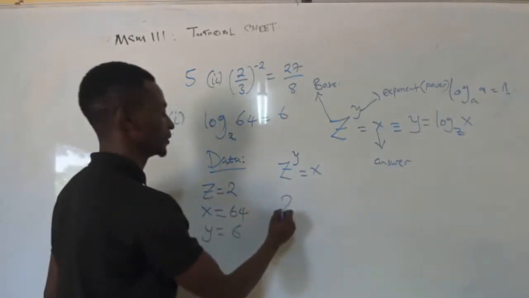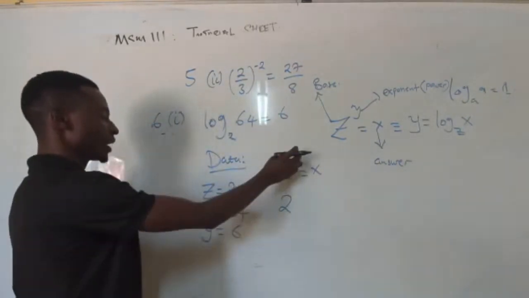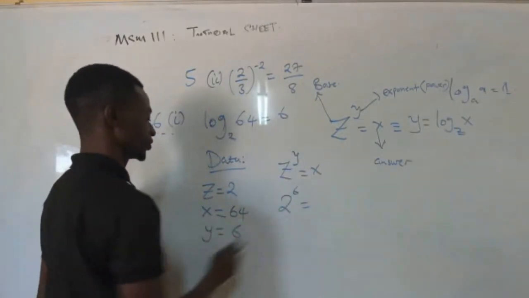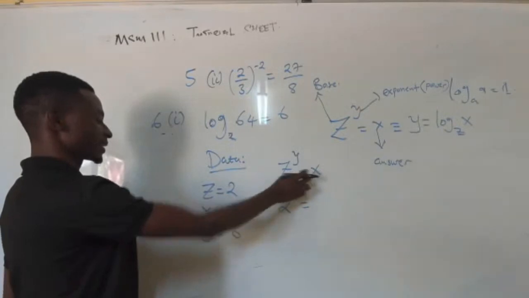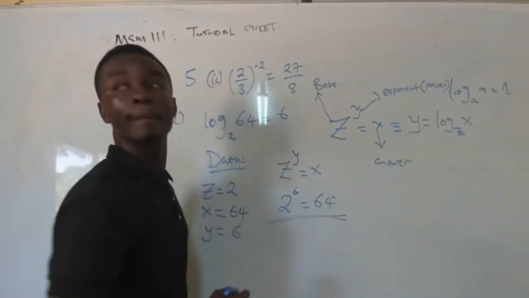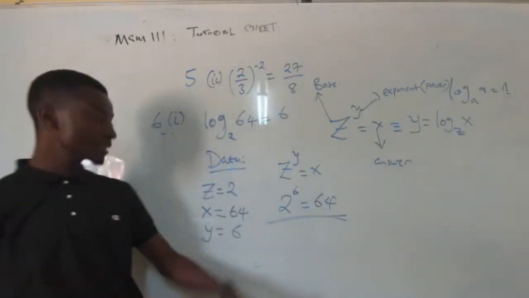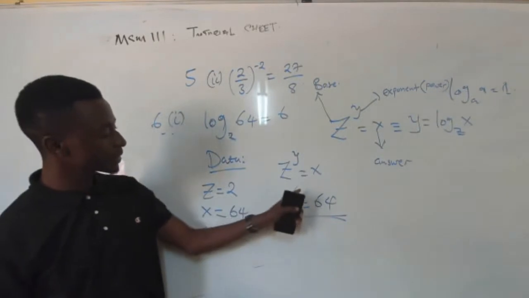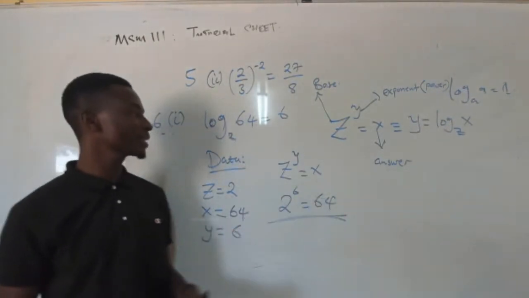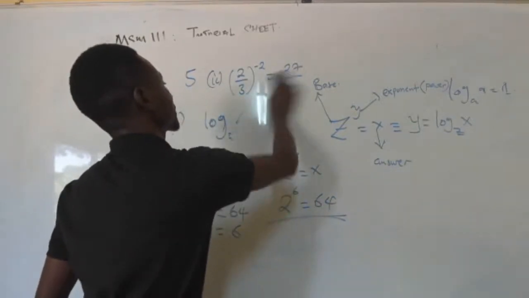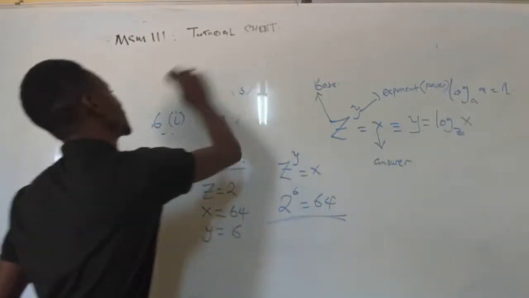Your z is 2, your y is 6, equal to x, which is 64. You're done. That's the answer we want from you. So 2 to the power 6 equal to 64. Let's solve another question.